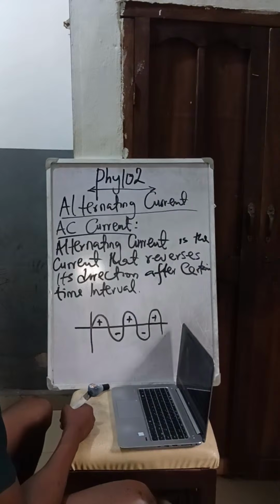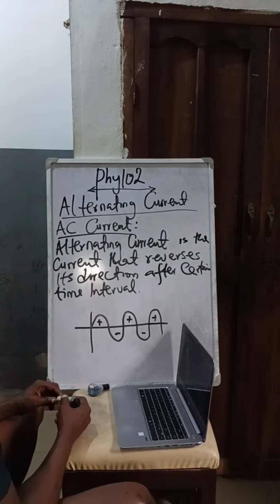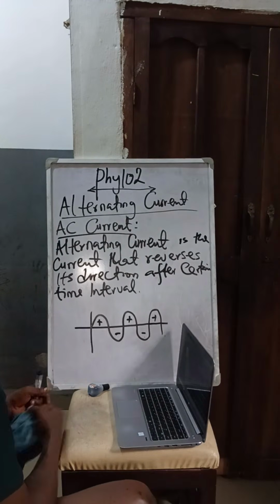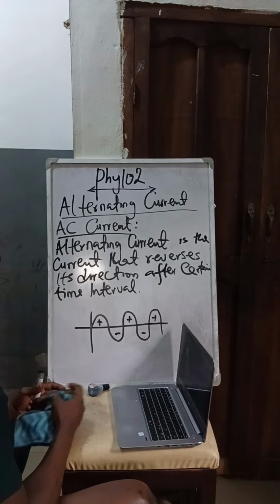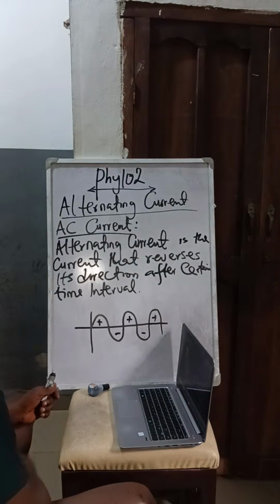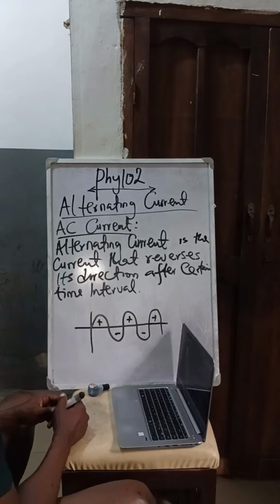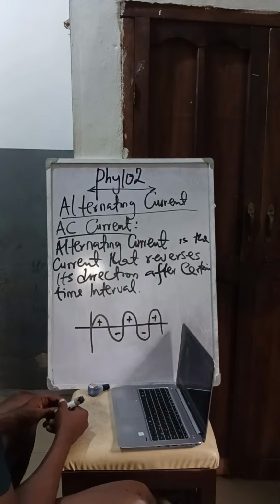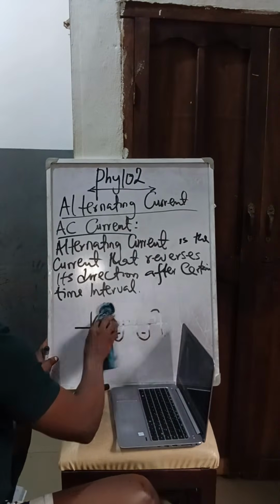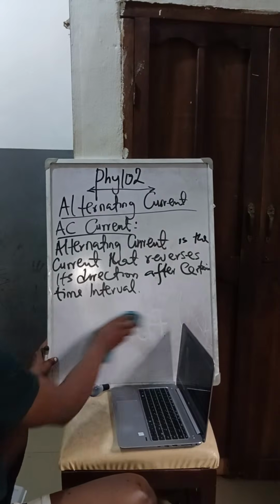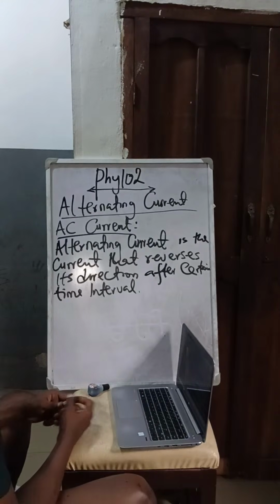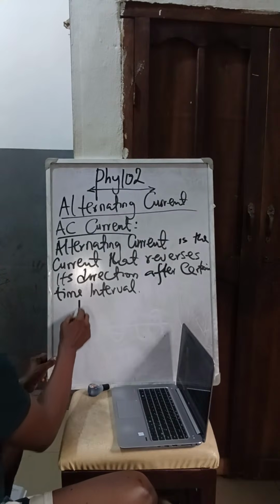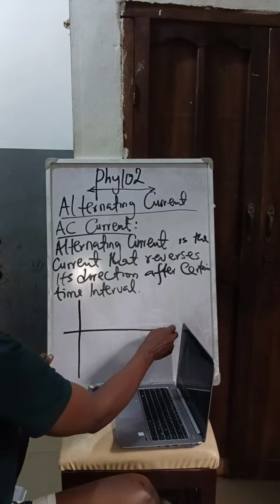Now, this alternating current can be represented in a graphical way. And the graphical representation of it is very simple. You can represent it in waveform. Periodic function is sine wave that is symmetrical about the origin.